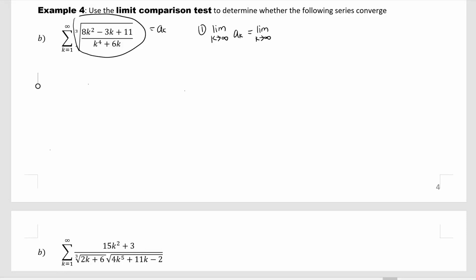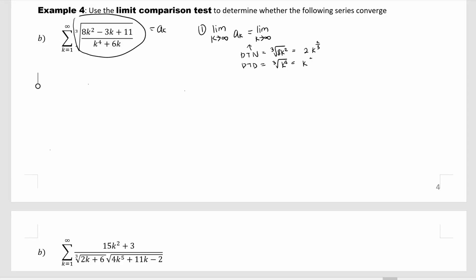So we look at the dominant terms. What's the dominant term of the numerator? It is the cube root of 8k squared. What's the cube root of 8? 2, and then we have k squared under the cube root. And the dominant term of the denominator is the cube root of k to the 4th. So don't forget the cube roots.